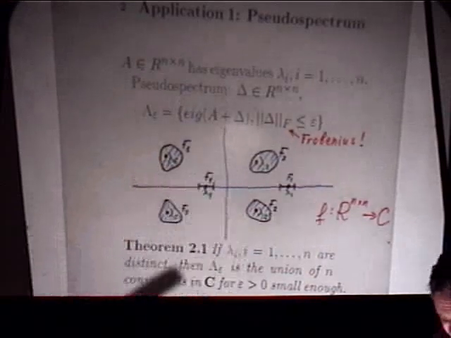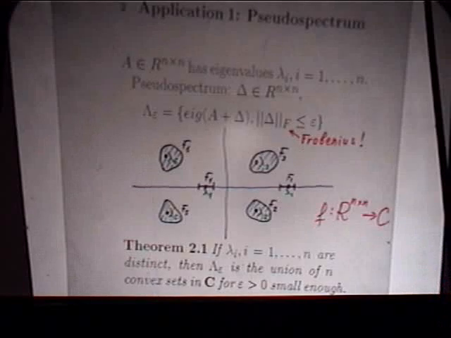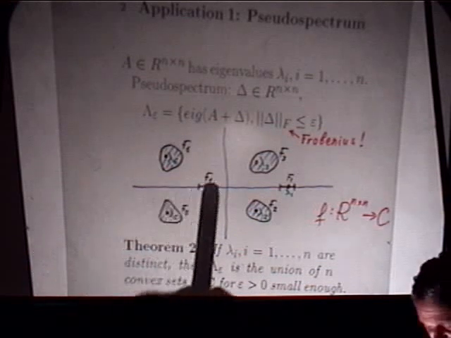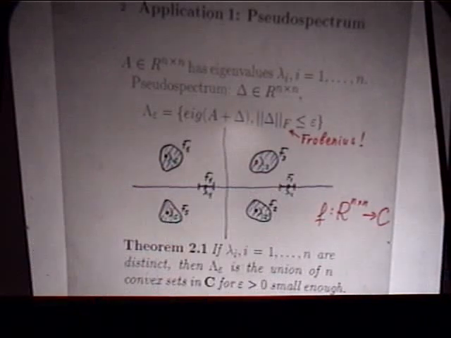Of course, if we have a real eigenvalue, and it's a simple eigenvalue, then for perturbed matrices it remains real. It cannot become complex. So for real eigenvalues, these sets are just intervals. It's not a problem.